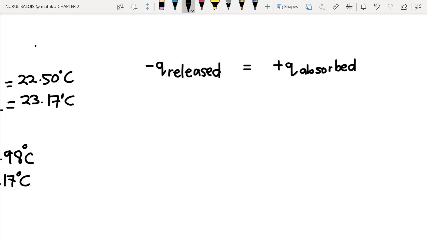But for this question, we only have water and lead pellet, so no reaction is taking place between them. There's only heat flow where they transfer heat to one another. So for this type of relationship, we say that lead, with the initial temperature of 89.98, is going to be the one that releases heat, while water, with an initial temperature of 22.5, lower than the lead, will be the one that absorbs heat.